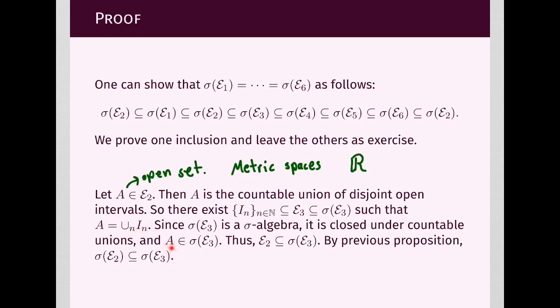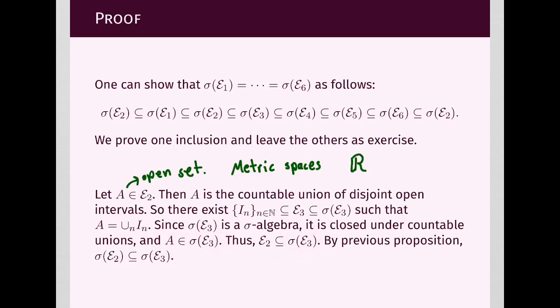And what is A? A was chosen as an arbitrary set of this class. We didn't make any assumptions about A besides the fact that A belongs to this family. So E2 is actually a subset of sigma of E3. We have proved this by taking any element of E2, going through some argument to conclude that it must be in sigma of E3.